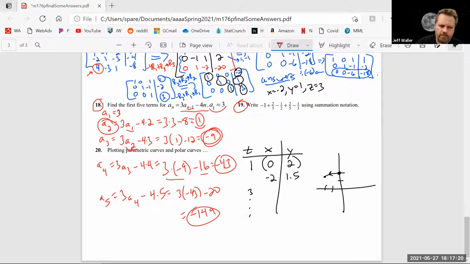What about the denominators? 3 plus 1 is 4, reduced to... I don't know what that means.